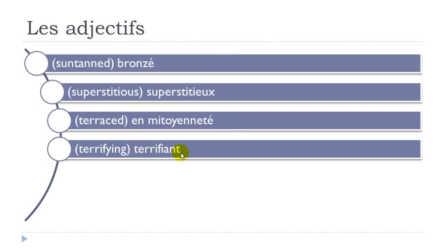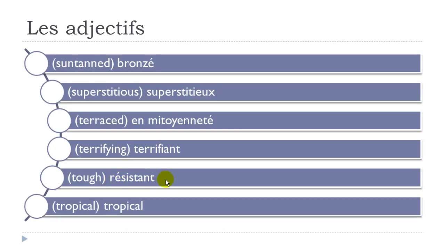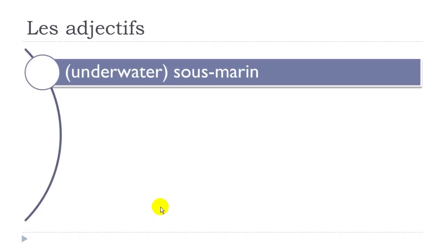Terrifiant. Final T not pronounced. Double R here, so it will open the pronunciation of your E, and then it will be E. Terrifiant. Résistant. Final T not pronounced. Résistant. Tropical. Sous-marin. Okay, so E-N here.